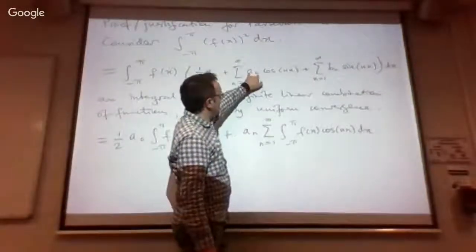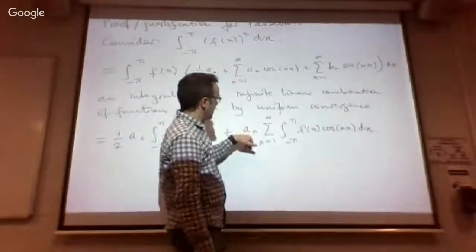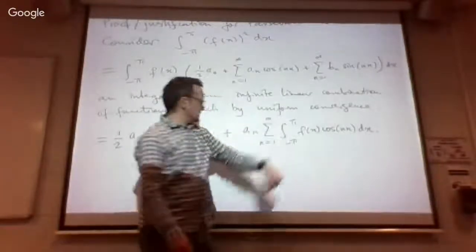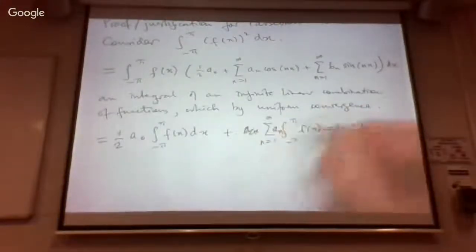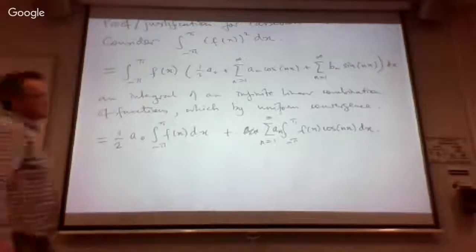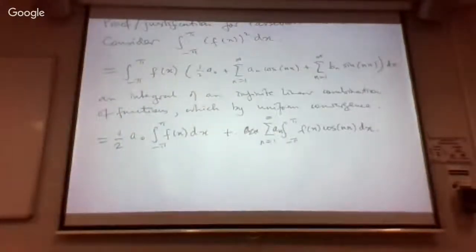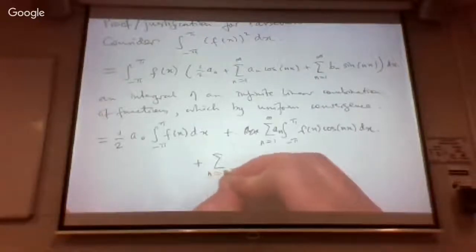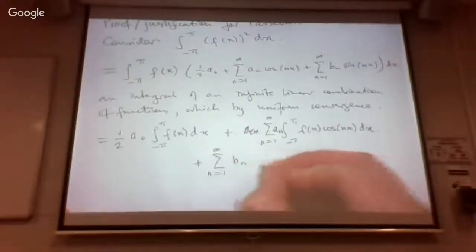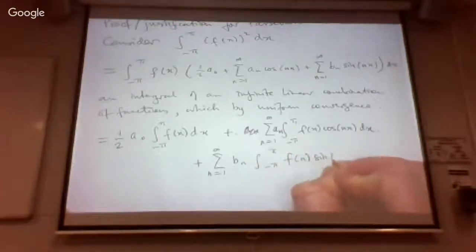Sorry, the an should be inside the sum. It can pop outside of the integral though, because the an doesn't depend on x, so it can move outside of the integral. And then you've got a similar thing for sine terms. You've got the sum from n equals 1 to infinity, bn times the integral from minus pi to pi of f of x sine nx dx.